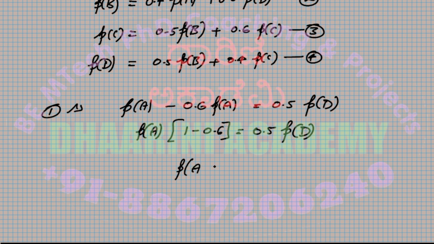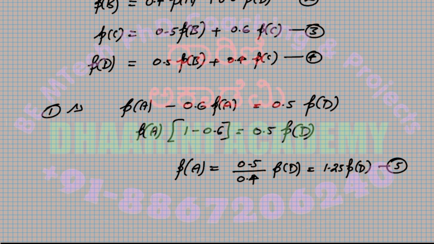So the probability of A is equal to 0.5 by 0.4 times P of D. That's 5 by 4, which is 1.25. So P of A is 1.25 P of D, and P of A and P of D I can interchange if required. That is what I will write as equation number 5.